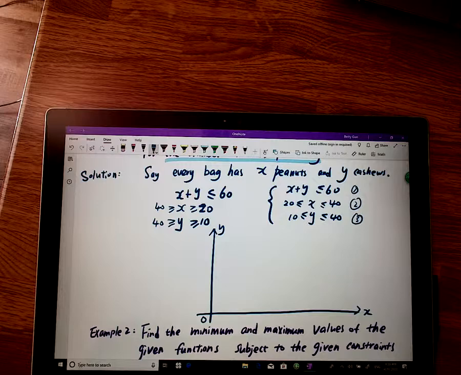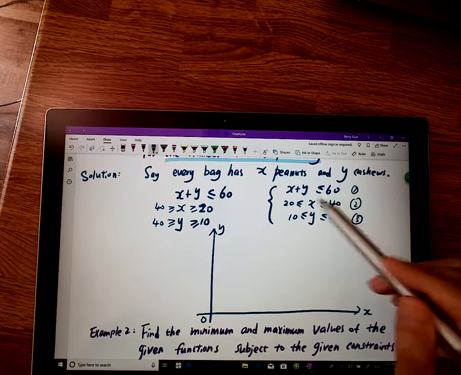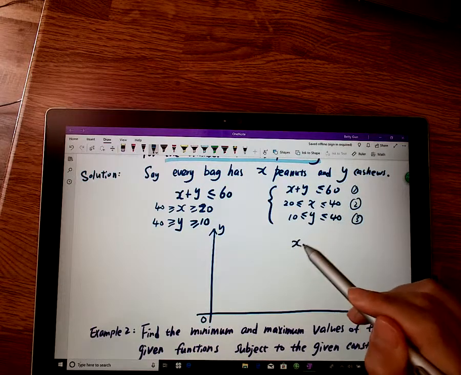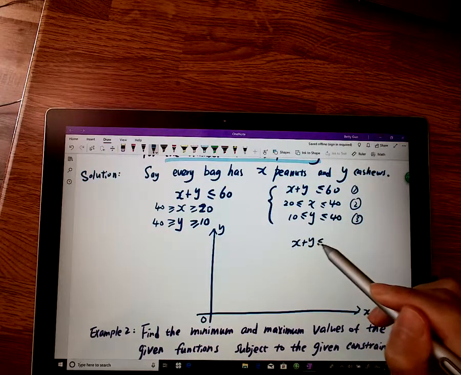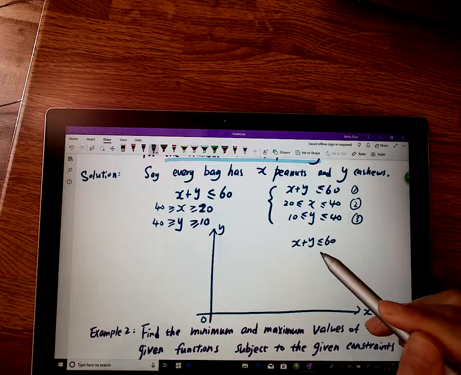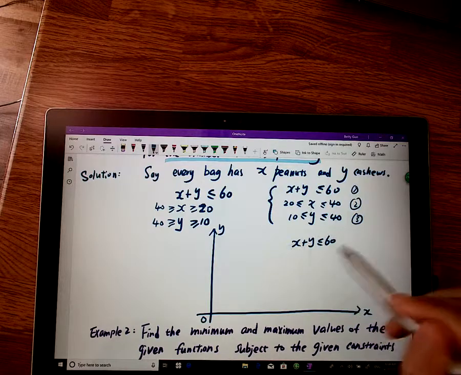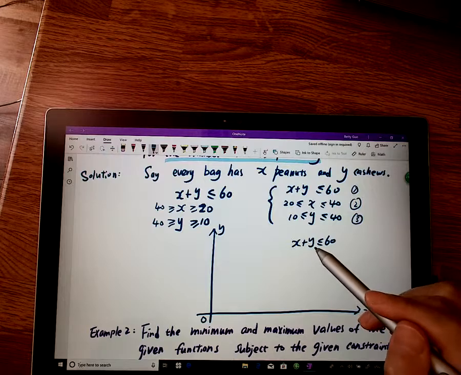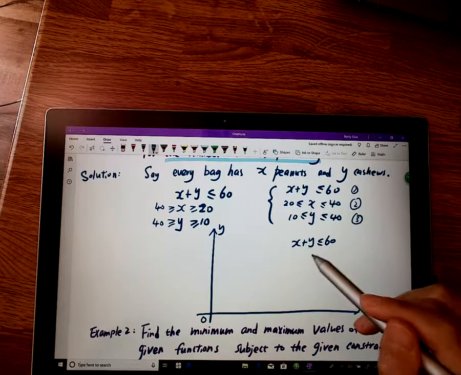So let's graph the first inequality. The first inequality is x plus y less than or equal to 60. Anyone can tell me what's the boundary of the solution set of this inequality? Do you remember how we found the boundary?